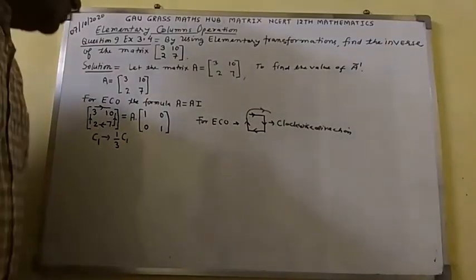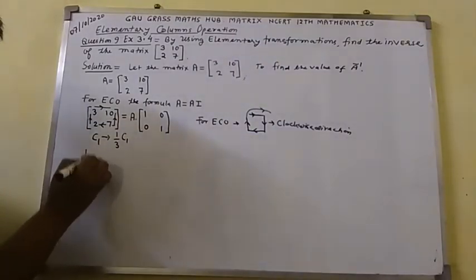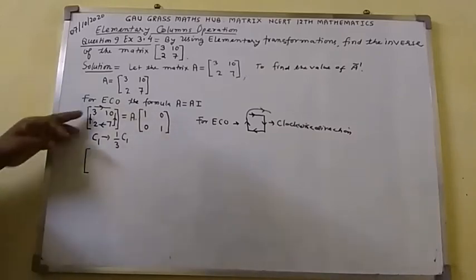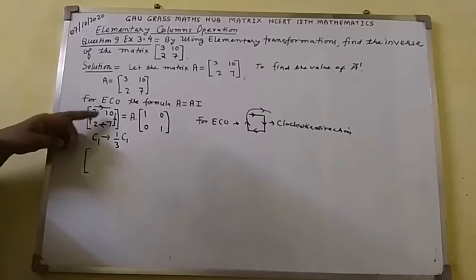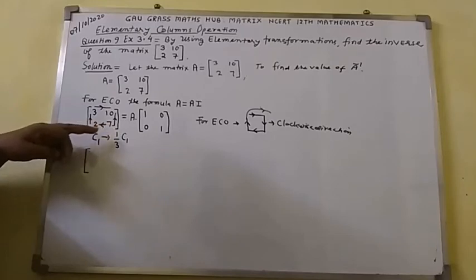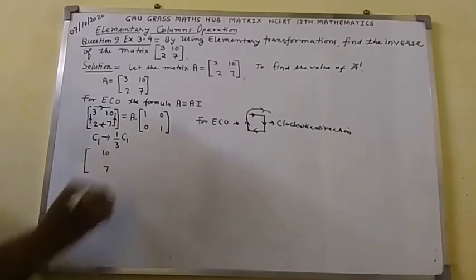Let us apply it here. What will it become? Here you will get, this is the first column. Only the first column will change. There will be no change in the second column. The second column will be written as it is. So here I shall write 10, here I shall write 7.